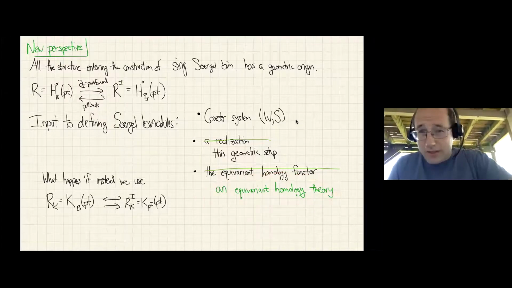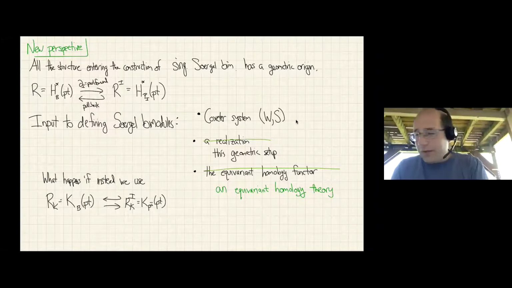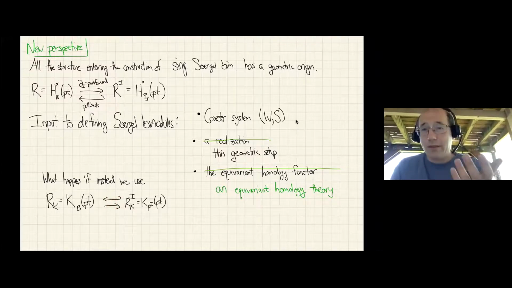In this talk, we'll use equivariant K-theory. I'll remind you about equivariant K-theory in a sec. What if we just use the K-theory version of R, the B-equivariant K-theory of a point and the P-equivariant K-theory of a point, and the corresponding pullback and pushforward maps there? What do we end up with?